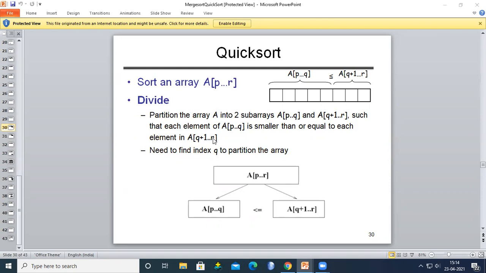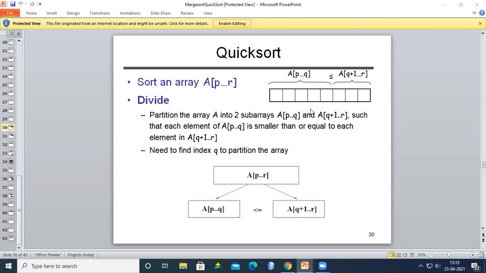That means we are dividing the array into two subarrays, two sets, such that each element of A[P..Q] is smaller than or equal to each element in A[Q+1..R].